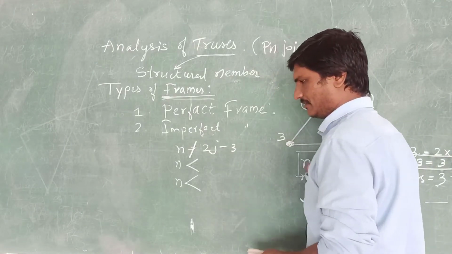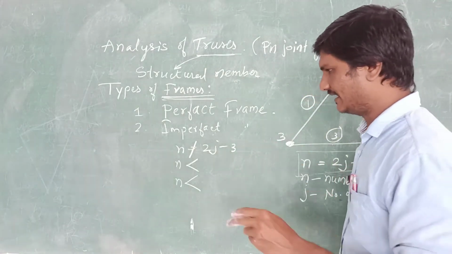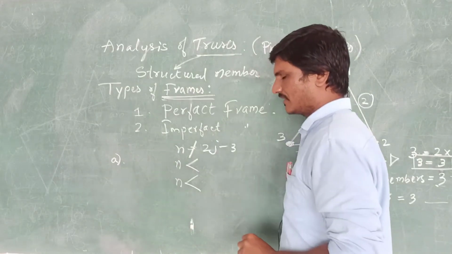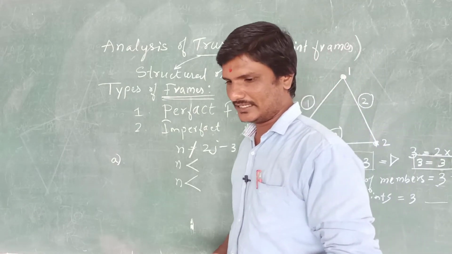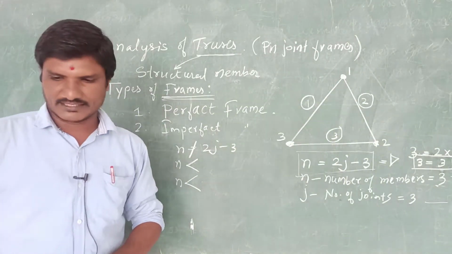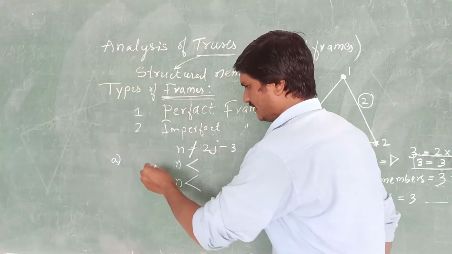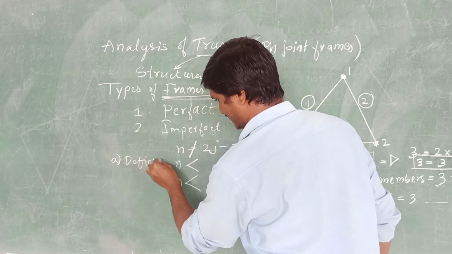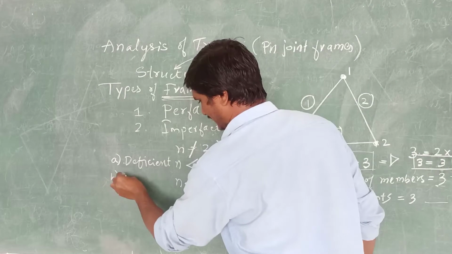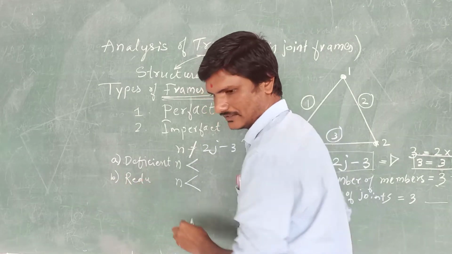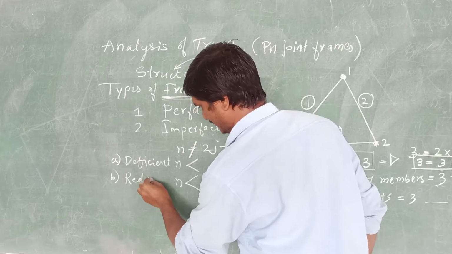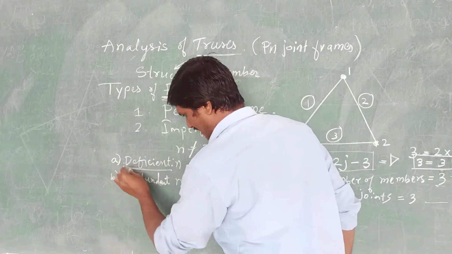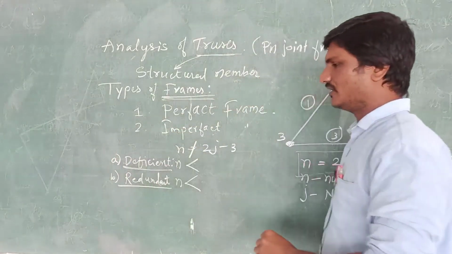So again, imperfect frames are classified further into two types. Let us denote them as small a. The first one we call a deficient frame, and the second one a redundant imperfect frame, where the deficient frame is also imperfect and the redundant frame is also imperfect.